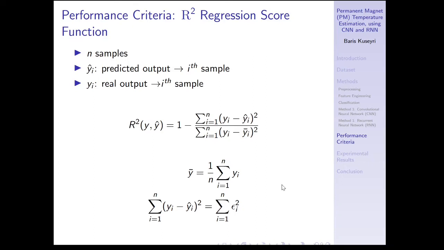This score can be a maximum of 1.0, and it can be negative if the model is arbitrarily bad. And if the model constantly predicts the expected value of y, disregarding the input features, then this score gives out 0, as in the model doesn't actually work.